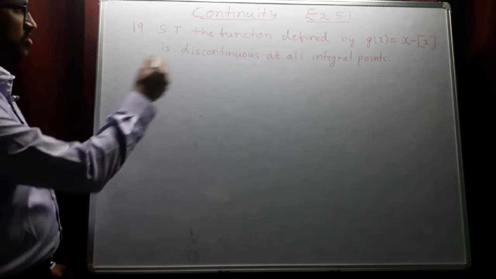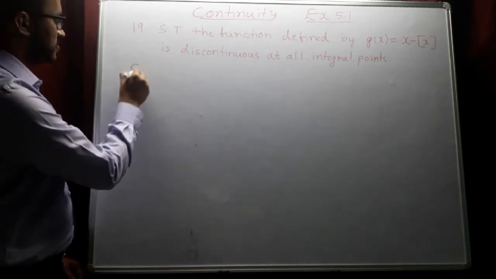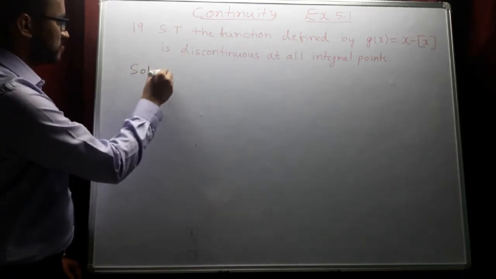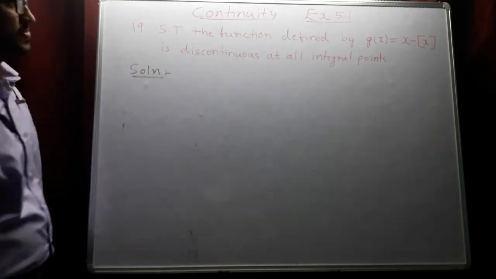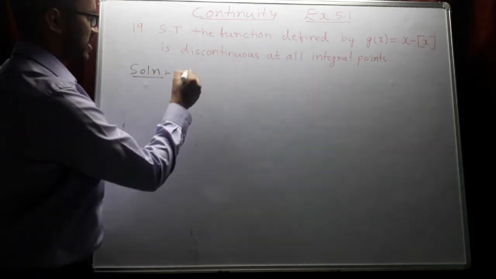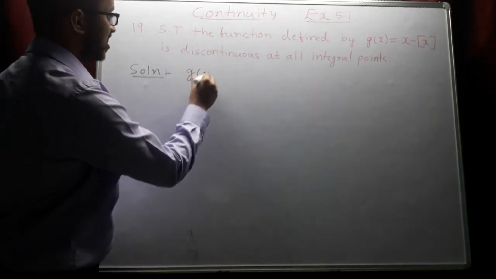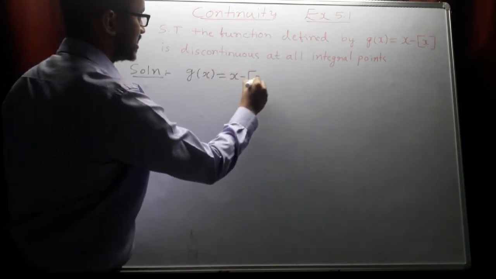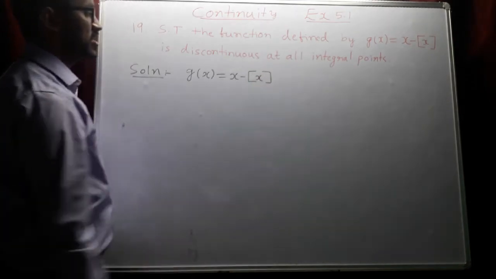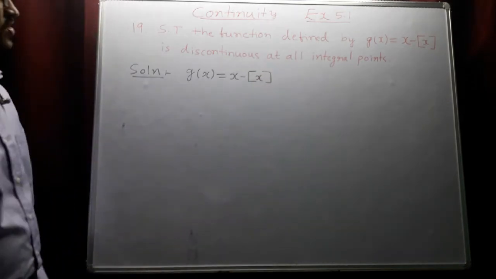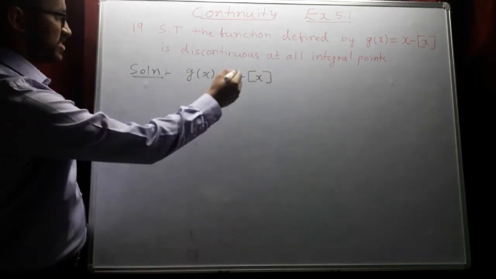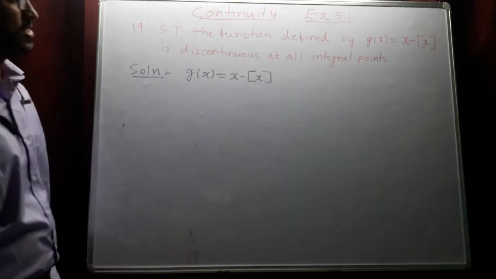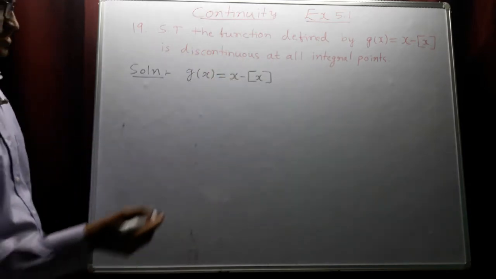Now let us solve this problem. Solution: the given function g of x is equal to x minus greatest integer less than or equals to x. We have to show that this function is discontinuous at integral points.